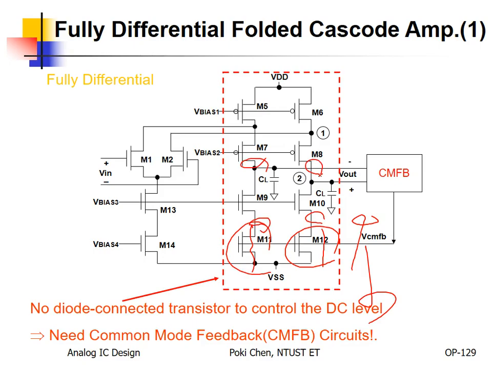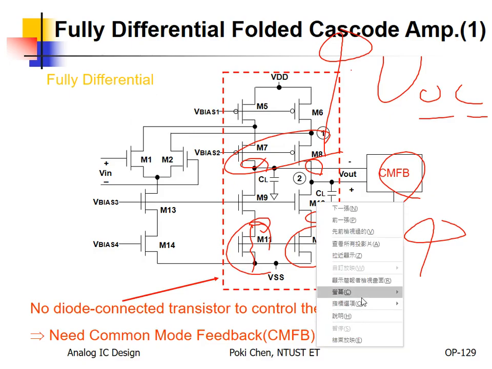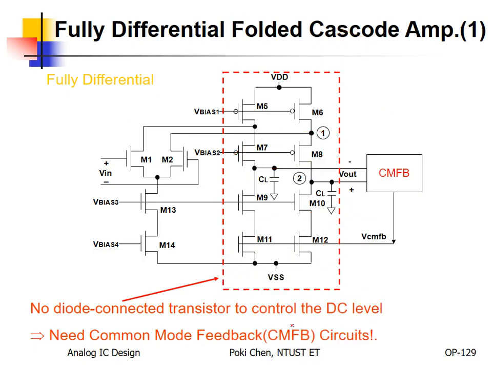So what I'm talking about, please keep this in mind before the break. The higher the output common mode voltage, the higher the output of your common mode feedback circuit. If you see the VOC is lower, too small, then you need to also reduce the output of your CMFB.